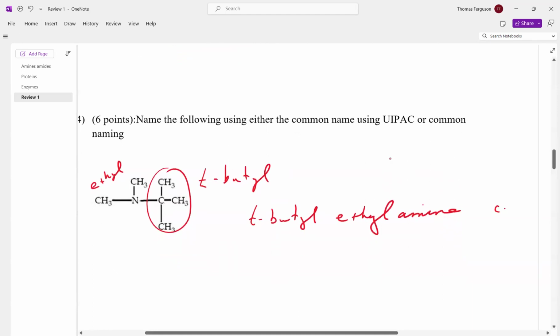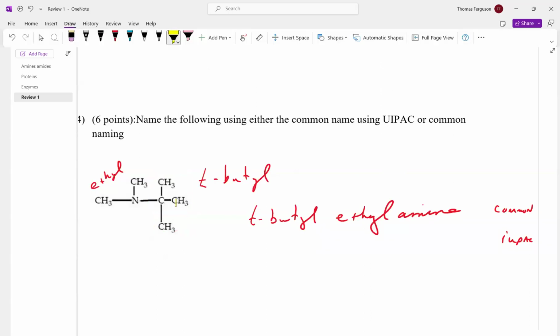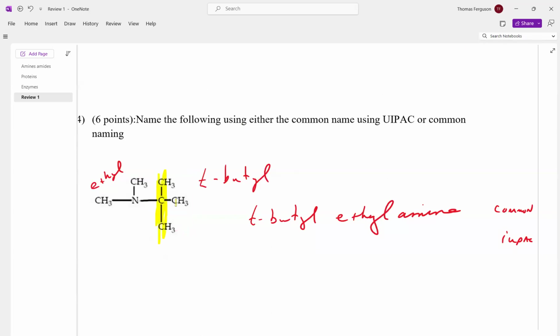That would be common. For IUPAC, we have to find the longest backbone, which is going to be right here. So that's going to be a propyl.